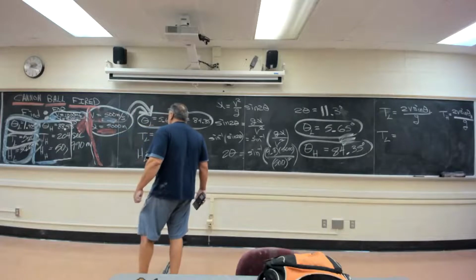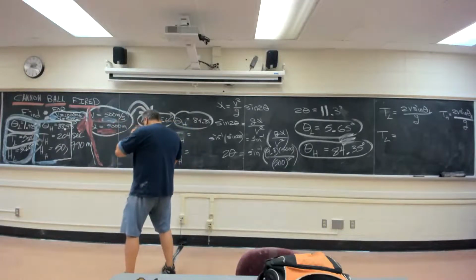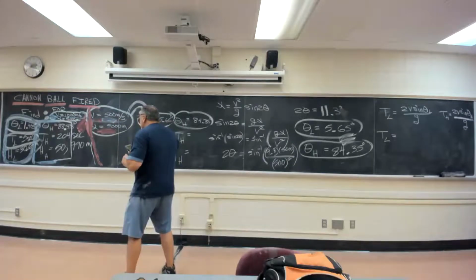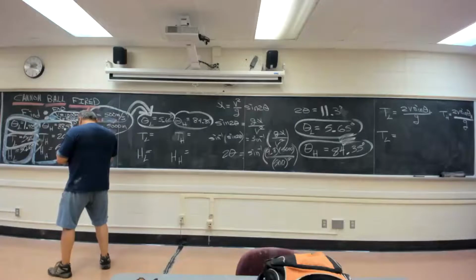Or does it? For the 1,000, let me just see here, guys. We'll do 1,000 times the sine of 0.405 times 2.